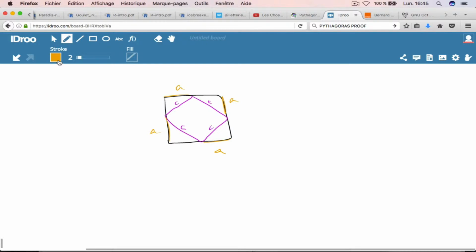Now we use another color. Let's choose blue.